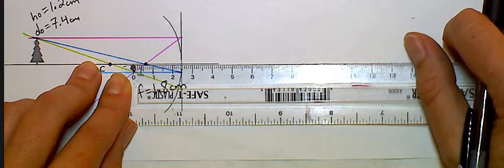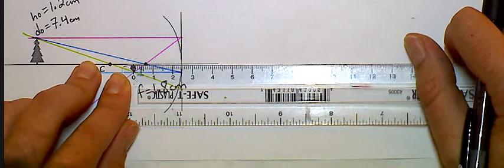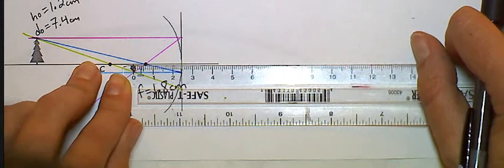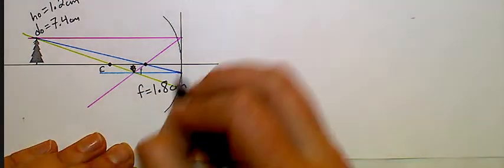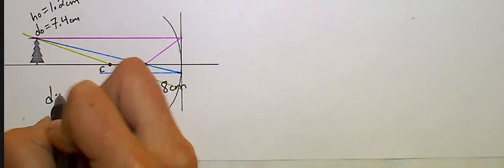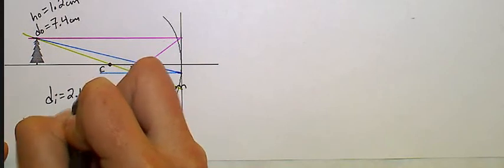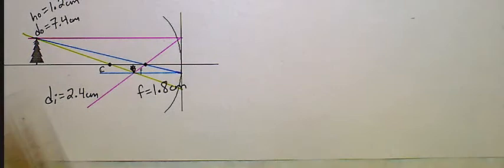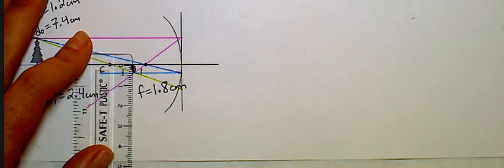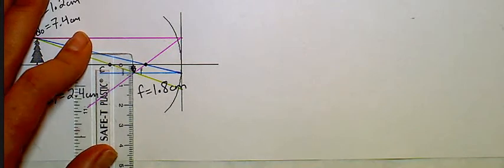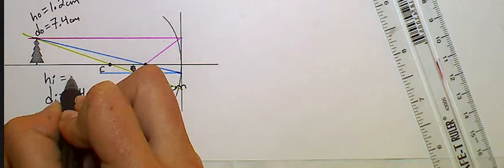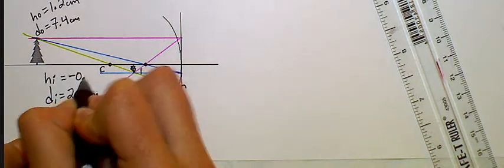It's like 2.4. So I got the distance to the image is 2.4. And the height of the image is going to be negative, because it's upside down, 0.4.